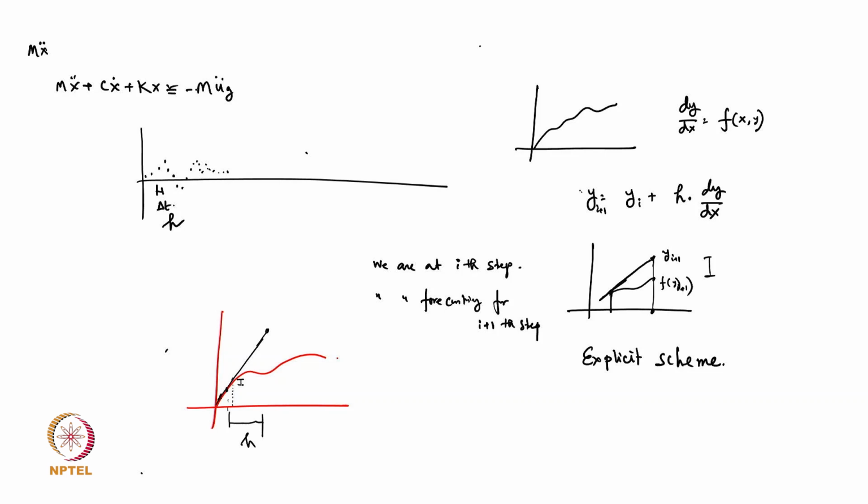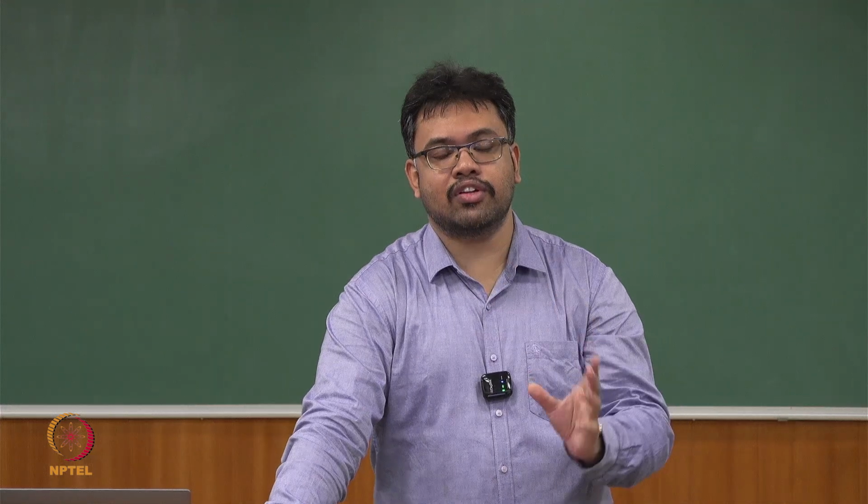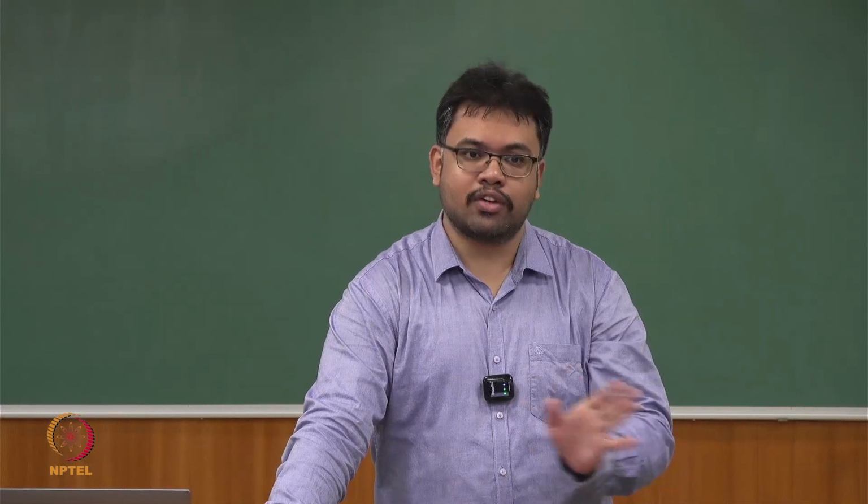Now you see the differences will be less, and again you will calculate your slope at that point, so it will be somewhat coming like this, so your solution will go. So if you reduce the time step or increase the number of time intervals, like how many intervals you are taking, then your solution will improve. And all the explicit schemes have a certain upper bound, after which the solution will just blow up.